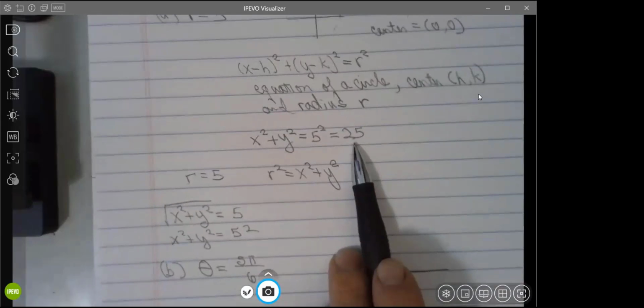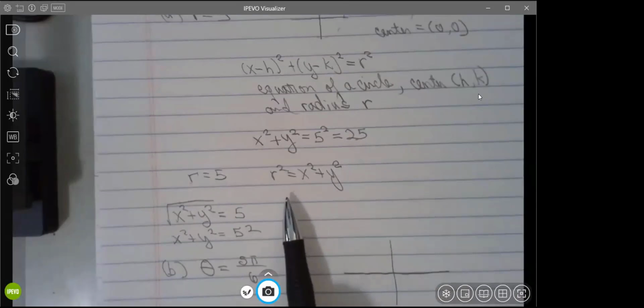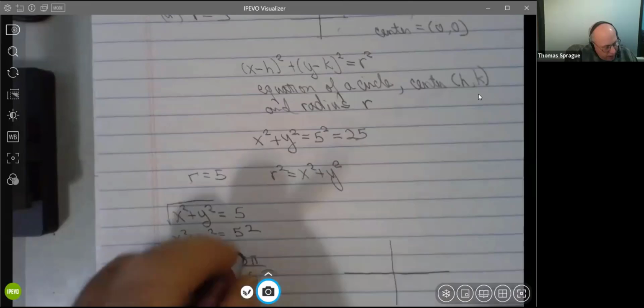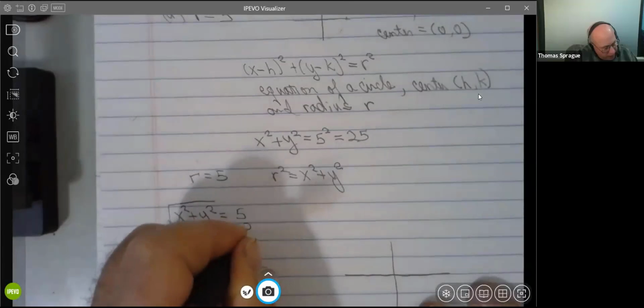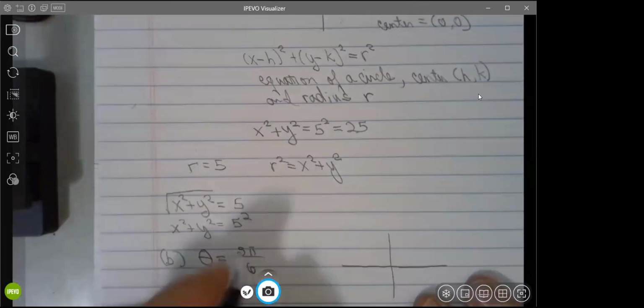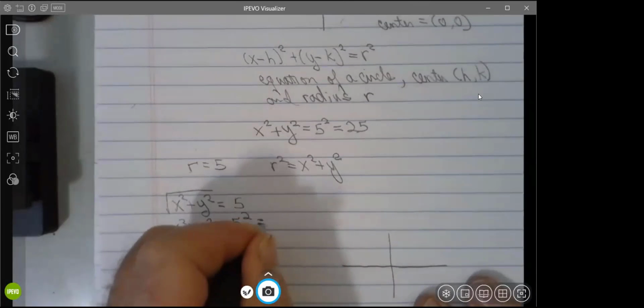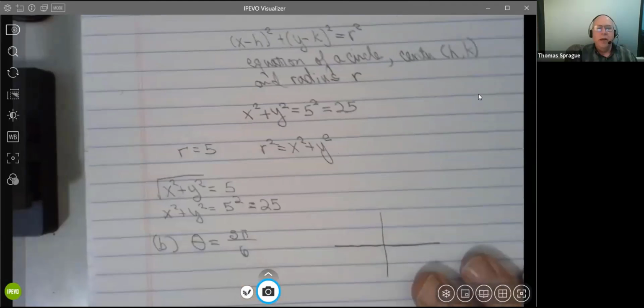Wait, then what's the x squared plus y squared equals 52? Oh, I see. That is crummy writing, Lucas. 5 squared, which is 25. Yeah, it wasn't written very well. Sorry.